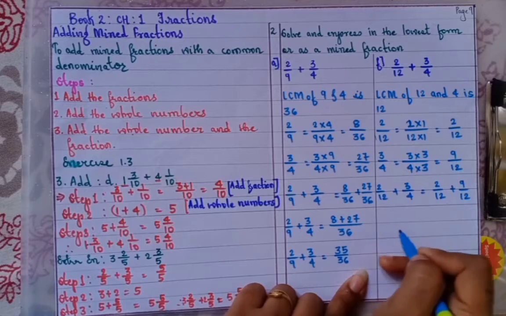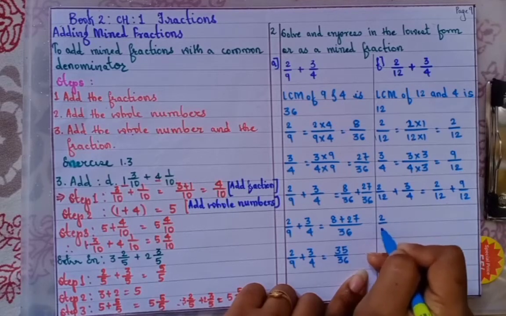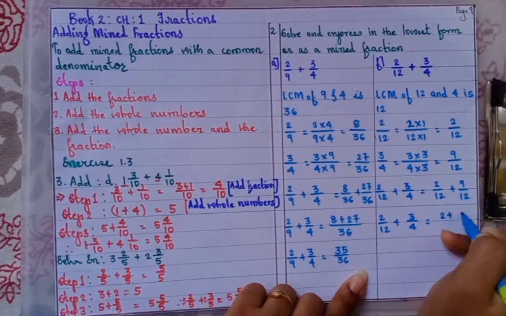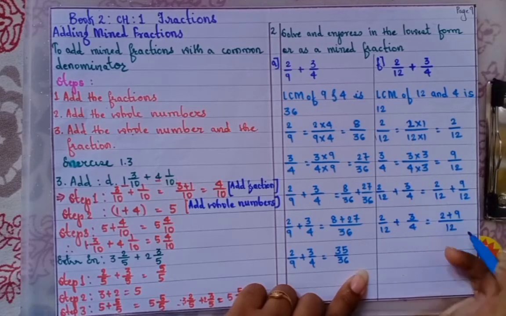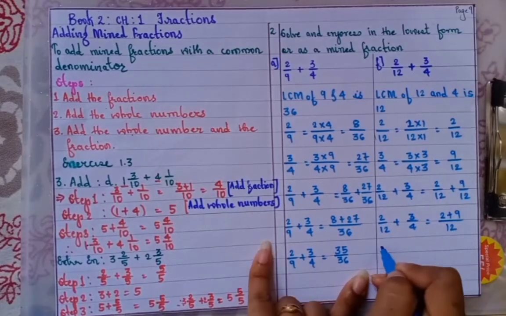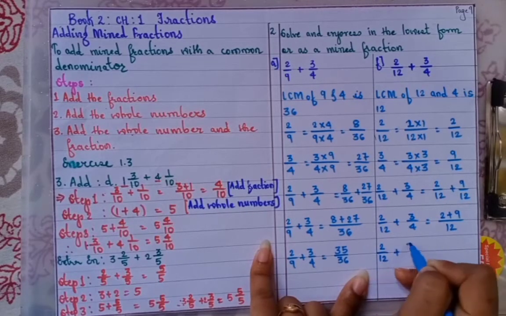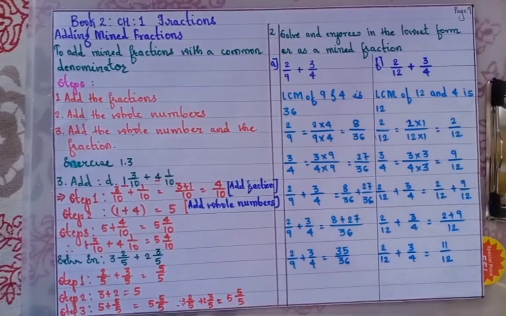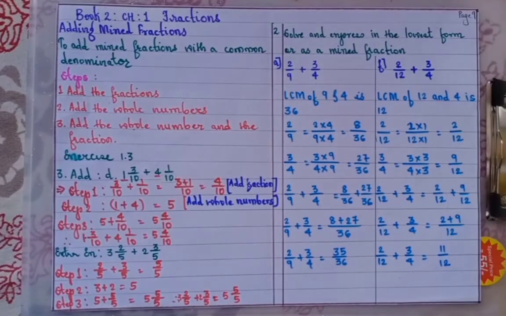Let's add them together now. That equals 2 plus 9 divided by 12, which is 11 upon 12. This fraction is also a proper fraction, so no need to convert to a mixed fraction, and it is already in the lowest term, and hence the solution.